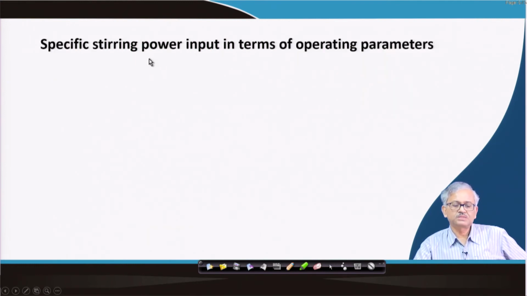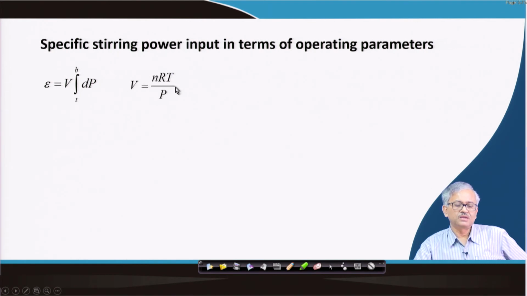Now the specific stirring power input in terms of operating parameters, if you just want to calculate that, this is the energy input. That is, the energy input is V dP, and you can integrate from bottom to top.